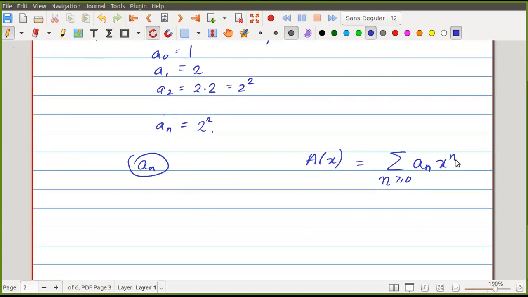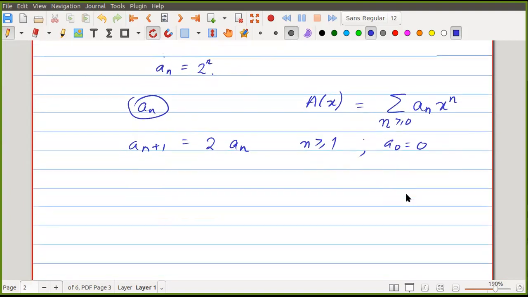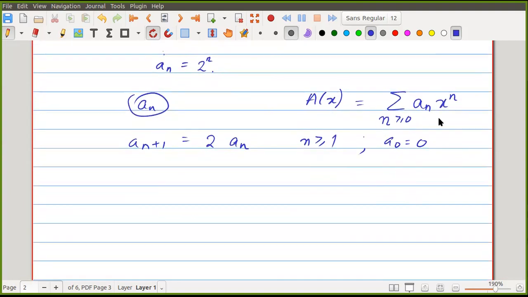Okay, so now applying this particular method in the above example, which said that a(n+1) is 2 times an, right? And n was greater than or equal to 0 and a0 was given to be 1. So once this is the goal, you have an's already in this expression.